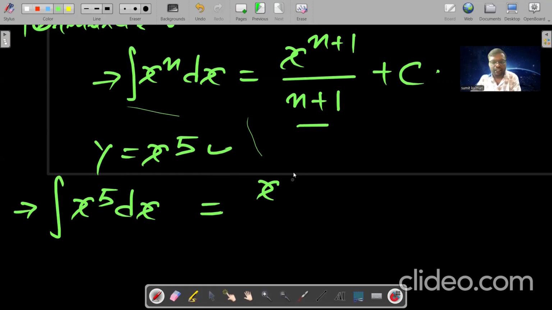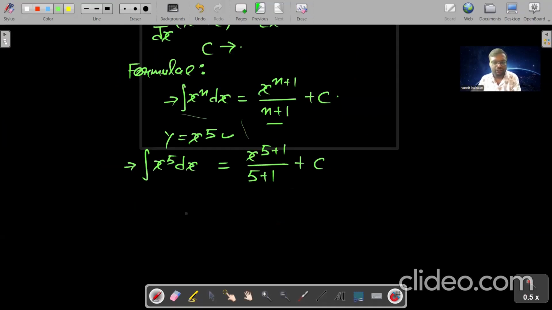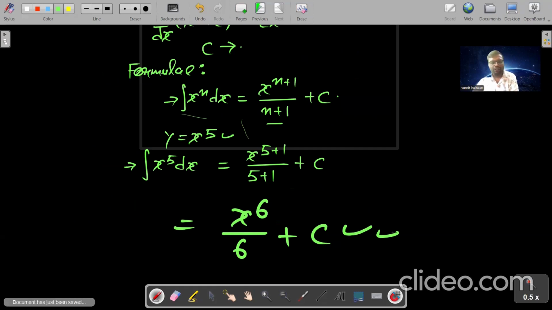So here x to the power 5 plus 1 upon 5 plus 1 plus constant c. If you simplify this, it will come out to be x to the power 6 upon 6 plus constant c. In this way you have to evaluate the integral in the power form.